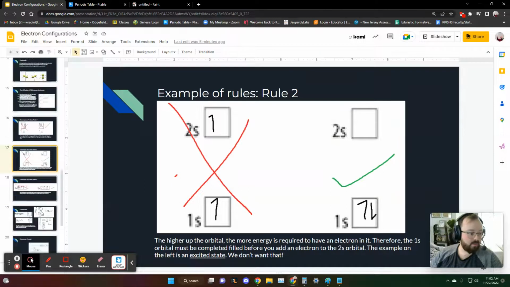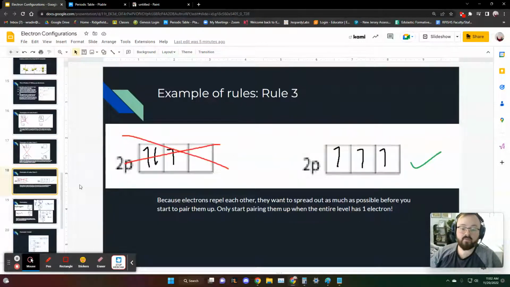And then our final third rule is that when you have suborbitals, where there's more of one of them, you want to fill up each of the suborbitals first before you start to pair them up. And this is because electrons repel each other. So that repulsion is a little bit of extra energy, and electrons don't want to spend extra energy to be next to one another.